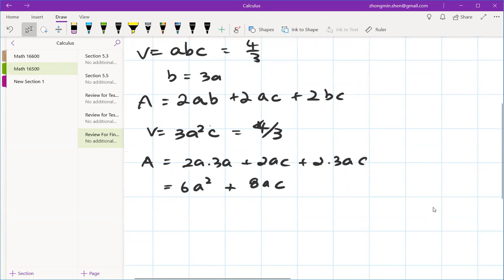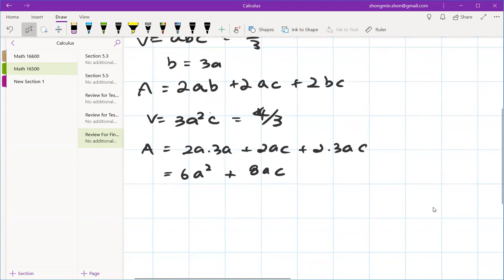So now the surface area is just a function of 2 variables. But the volume is 3A squared C equals 4/3. So from the above formula, you can also get C equals 4/9 times A squared, right?